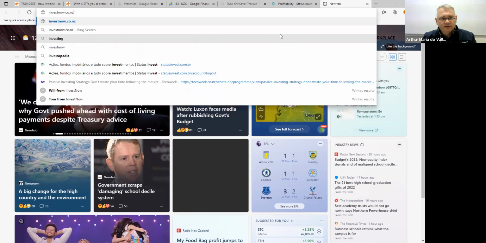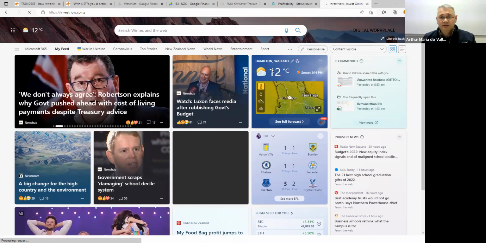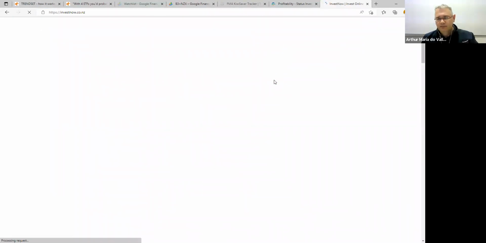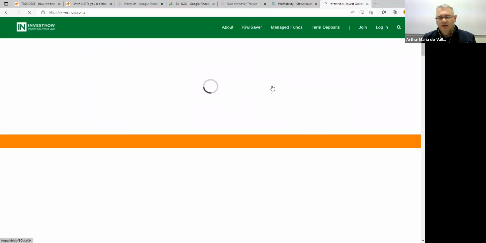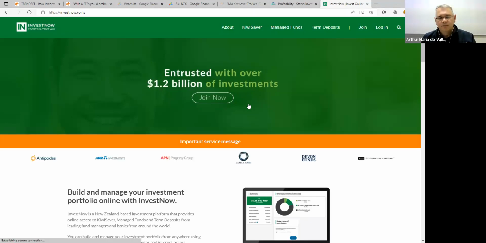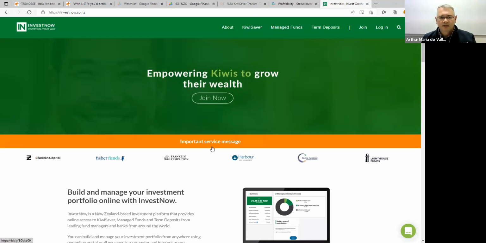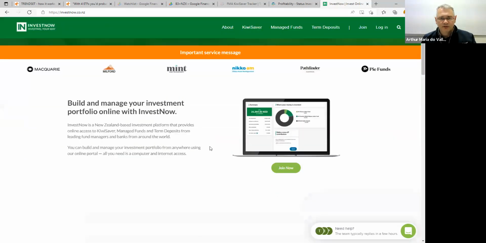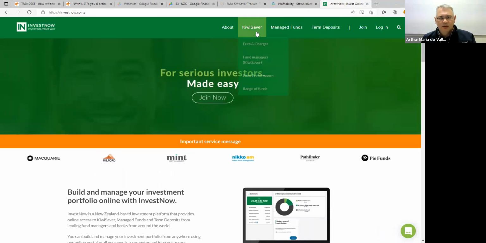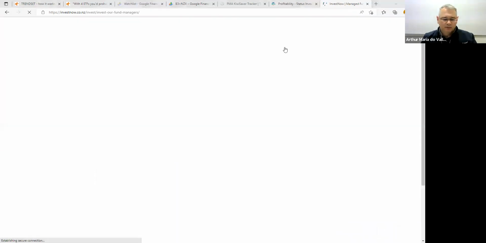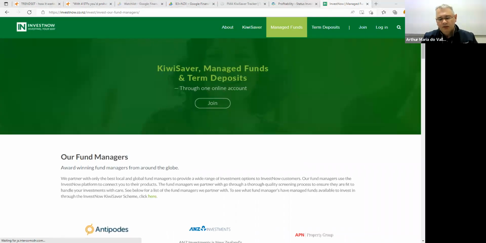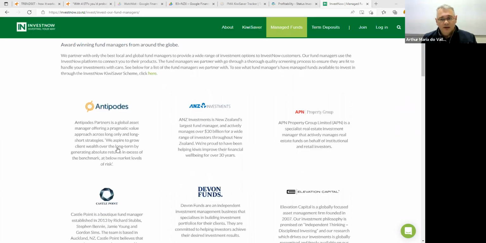The platform that I use is this one. It is Invest Now. They don't charge any fees, like monthly fees, and even to buy something, they don't charge you. So it's a platform where you can buy funds from many fund managers. You can buy the Smartshares, the ETF issuer in New Zealand, and those are the passive ones, because many of the funds here are active, the ones that over the longer run don't necessarily outperform the index that they benchmark.